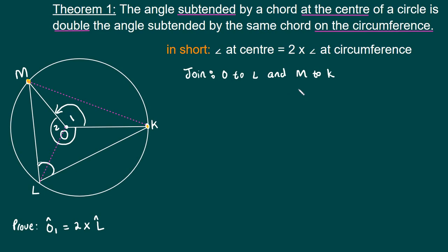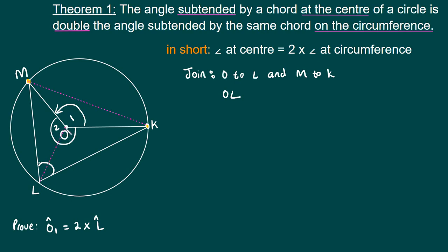You're going to get a mark for this because it's part of construction, but I'm not calling it construction because we are joining. We are not really constructing. Okay, after you have joined them, you tell the examiner the very same things you joined. OL, remember, it's actually a radius, because what is a radius?